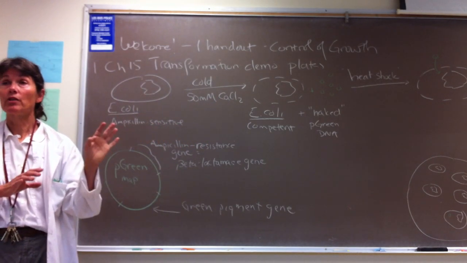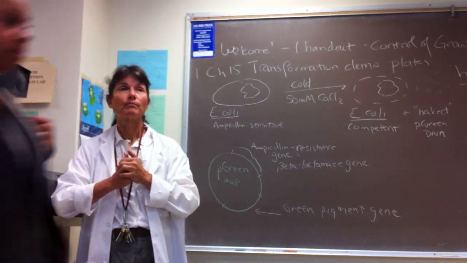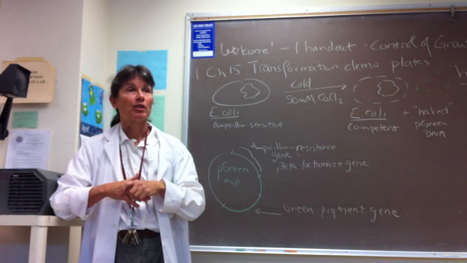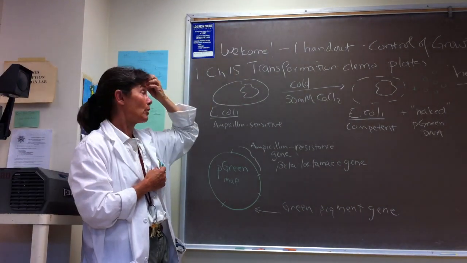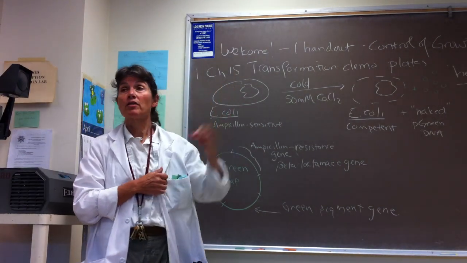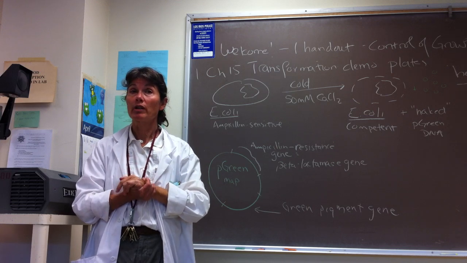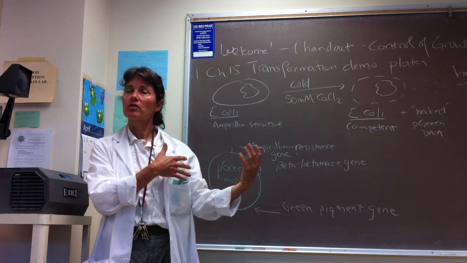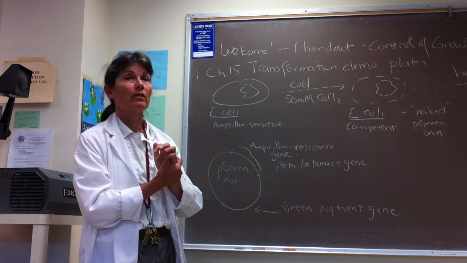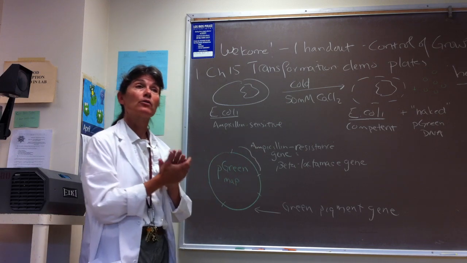So make sure that you understand what's going on with transformation. Again, it is described in chapter 15 in your lab manual. That'll be your reference. It's also great because it's one of the examples of horizontal gene transfer, which will be on Thursday's exam. Some of our discussion here might help you with the questions on our Thursday exam.